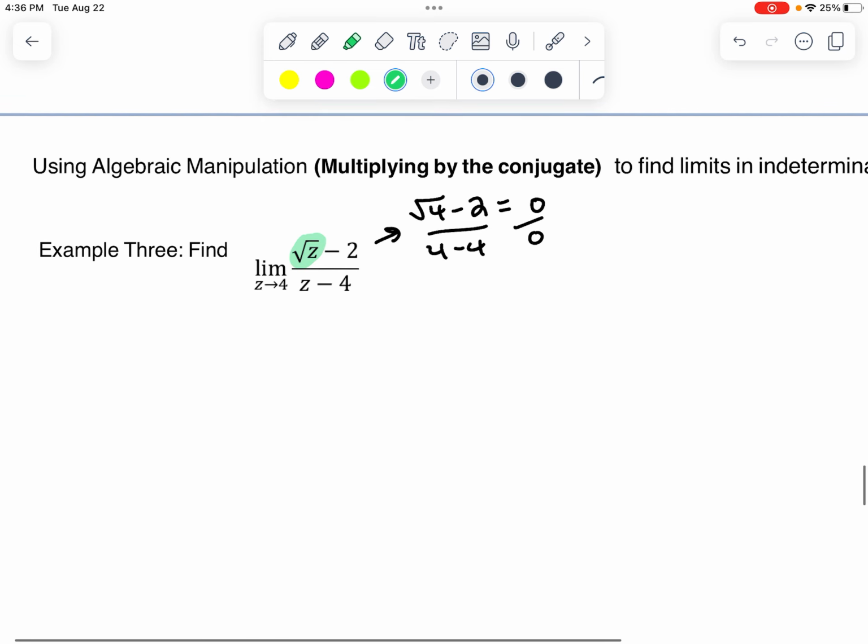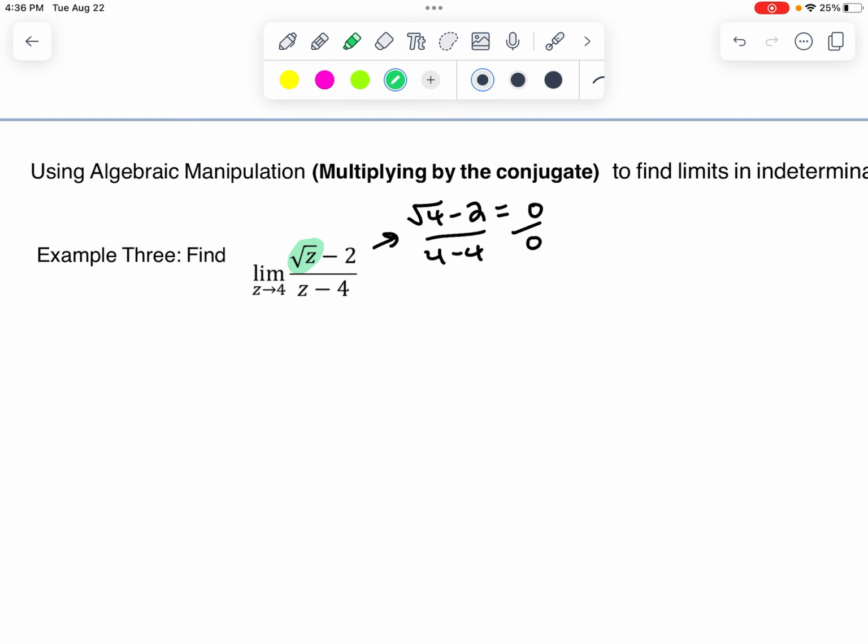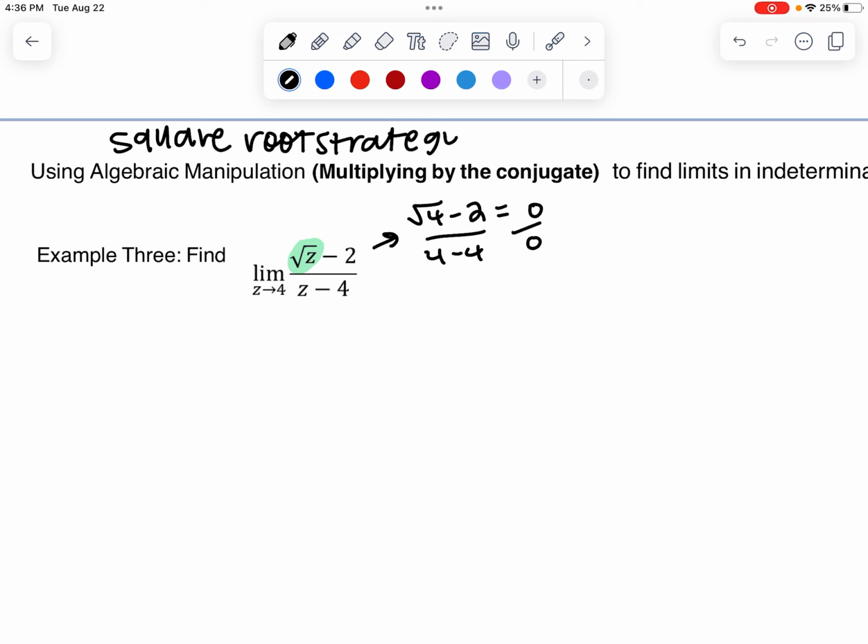And so this square root, because that is there, this is kind of like our square root strategy. The square root strategy is we're going to do something called multiplying it by the conjugate. The conjugate is, in this case, I have z minus 2.